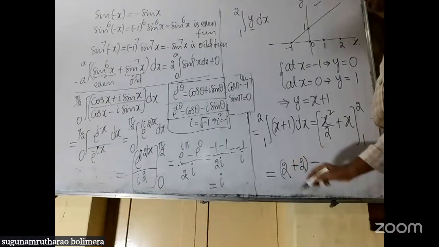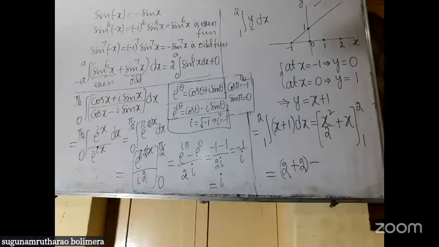Lower limit value for x equals 1: 1 by 2 plus 1. So the answer is 4 minus 3 by 2, which is 5/2, or if it is asked in a numerical question, the answer will be 2.5.